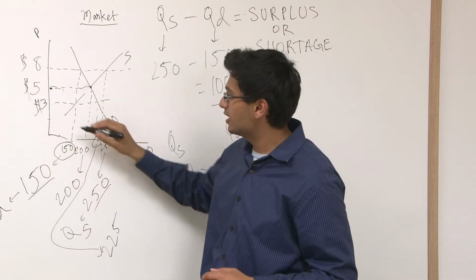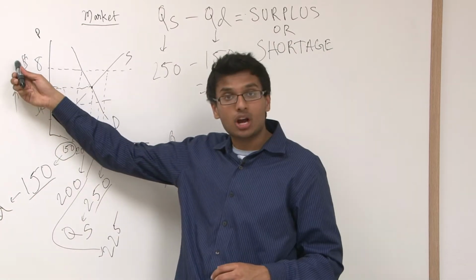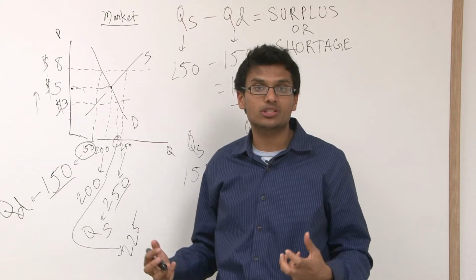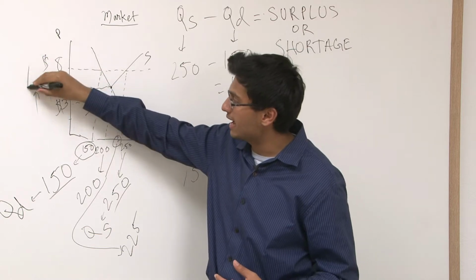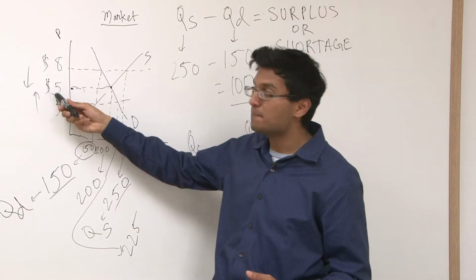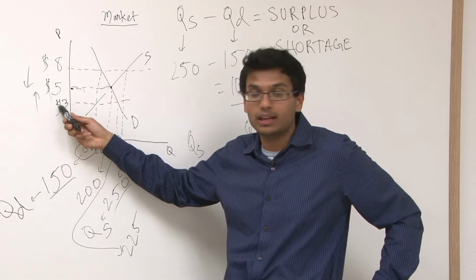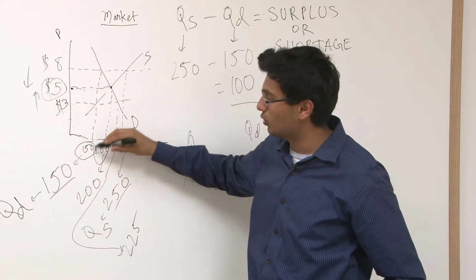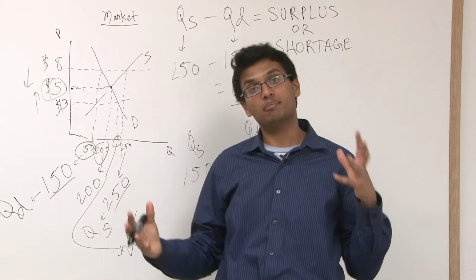If the price is at $8, the people that are selling, let's say McDonald's or Burger King, because they have a surplus, are going to drive this price down to $5. Either way, the price is going to come back to the equilibrium point at $5. Okay, does that make sense? So we're going to come back to 5, and we're going to have the equilibrium amount of 200. And this is the basic way a competitive market works.